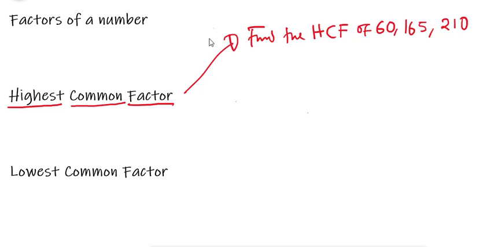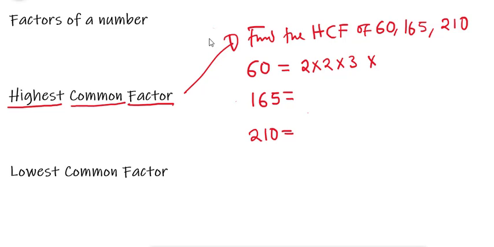So we are going to express these numbers as products of prime factors. That's 60, 165, and then 210. Firstly, 60 will be 2 times 2 times 3 times 5.